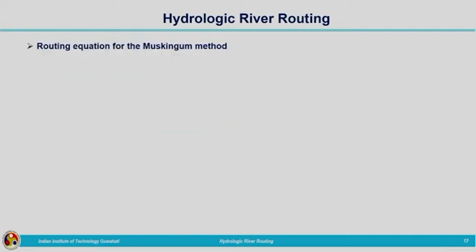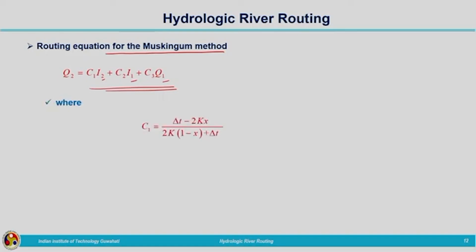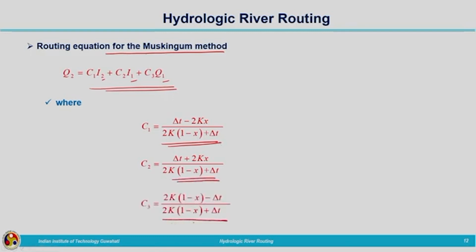Now, let us look into the routing equation for the Muskingum method. The previous equation is put in the simplified form like this. Q2 is a function of I2, I1, Q1. Q2 is written as C1 I2 plus C2 I1 plus C3 Q1. In this equation, C1 is given by this expression, C2 is given by this and C3 is given by this equation.